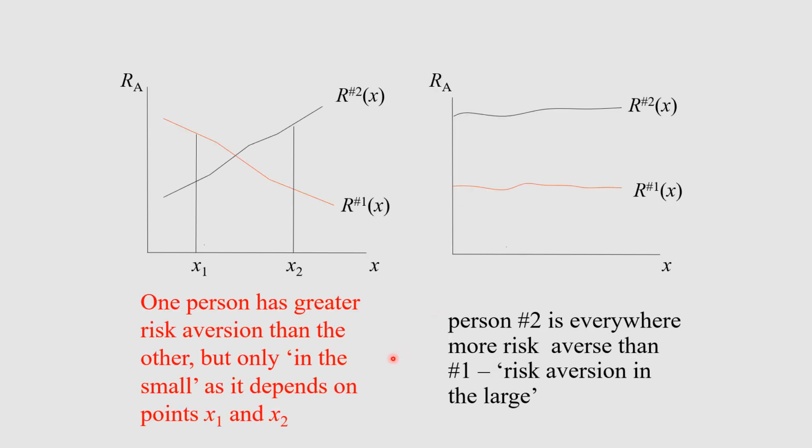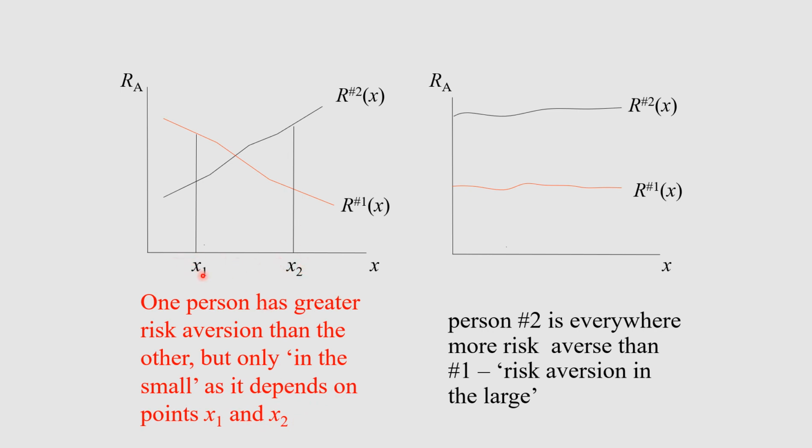Now it's important to realize that this risk aversion parameter changes over time, or could. In one case here on the left, one person has greater risk aversion than the other, but only in the small. By that I mean for small levels of, remember, this is income, and it depends on points x1 and x2.